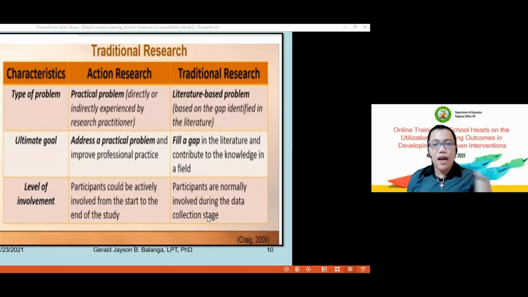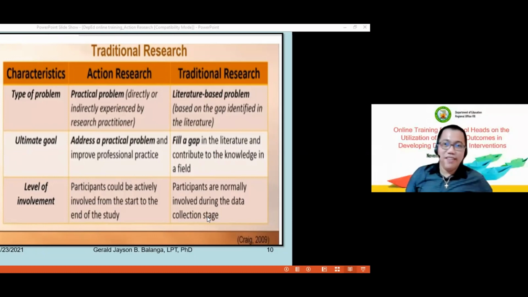Then after na magkaroon ka ng additional manpower, you measure again. So kung nag-increase yung kanilang level of motivation and state of happiness, then you would say na the hiring of additional manpower helps your teachers become more motivated and happier.